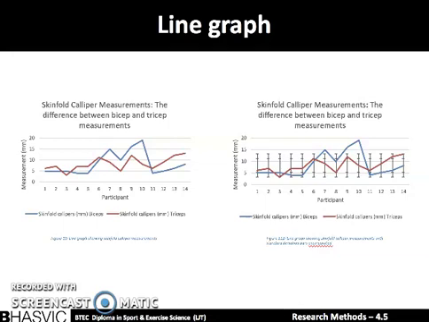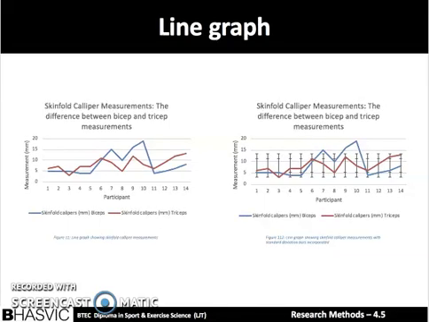So with graphs, you want a scientific title, which usually will include the independent variable and dependent variable. You also want your axes to be labelled, so your x and y axes both must be labelled, so you know what the values along the x and y axes are actually representing. You want regular intervals, so you want the same intervals.